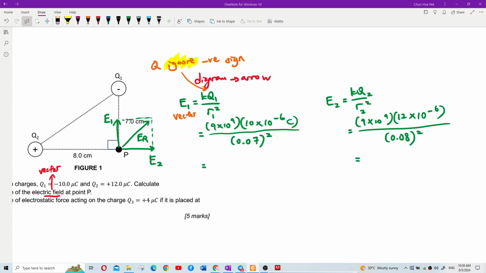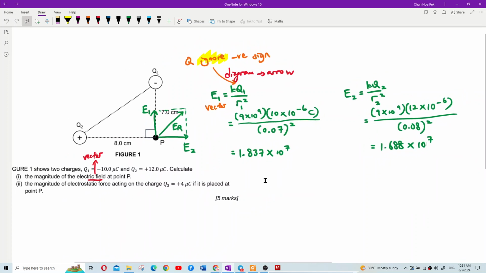I just put this beside the screen so I can refer. So this is 1.837 times 10 to the 7, and this is 1.688 times 10 to the 7. You got that value already.